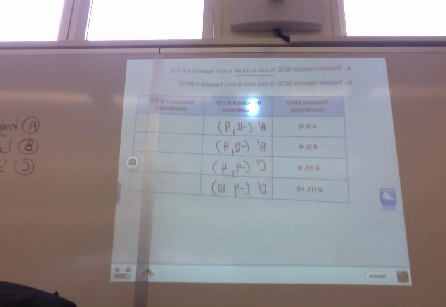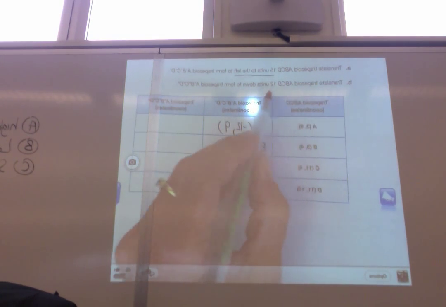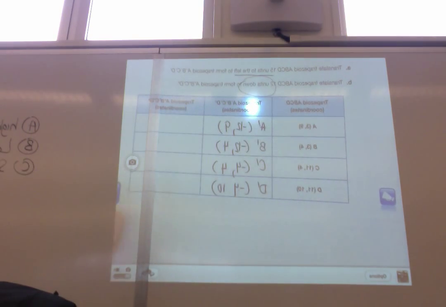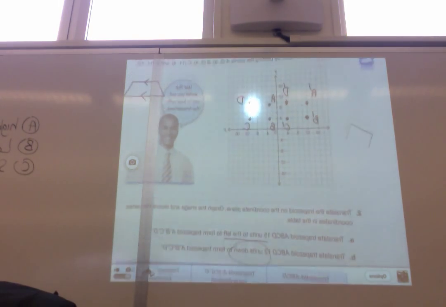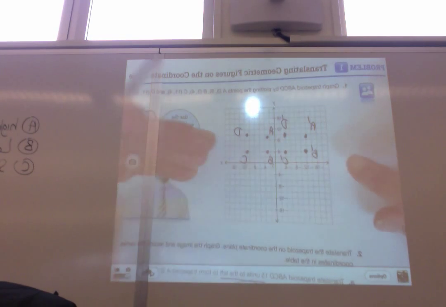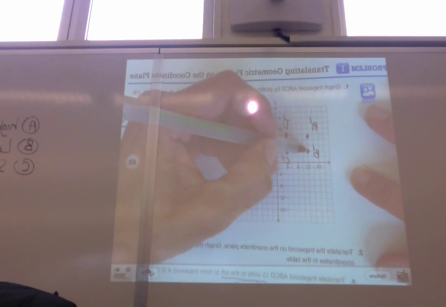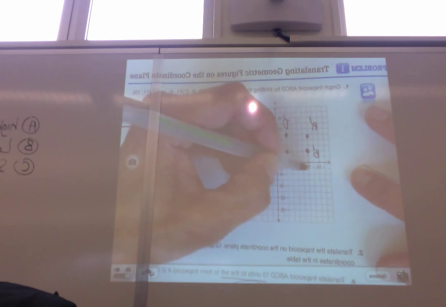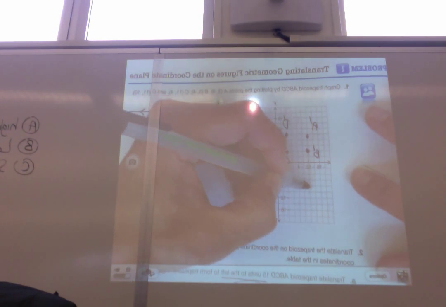Okay, now we're going to translate our trapezoid 12 units down. 12 units down. So I'll go back to our picture. I like starting with corner B, and 12 down is going to be easy because it's on a grid line. 2, 4, 6, 8, 10, 12.